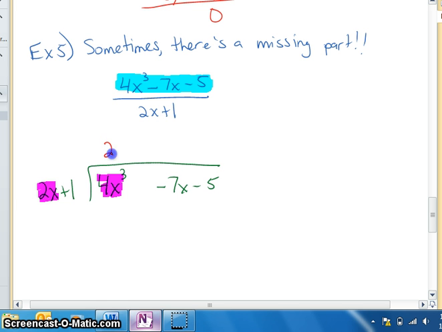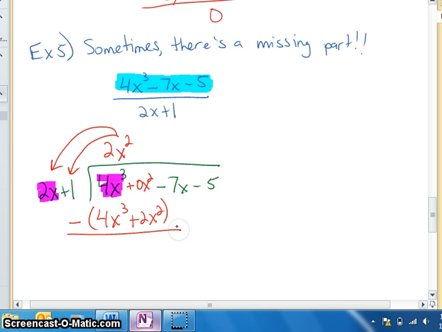So that means I have to multiply by 2x squared. Multiply, multiply. 4x cubed plus 2x squared. I left a hole, which really means 0x squared, so that I could line these up. Now when I subtract, I have something to subtract from.